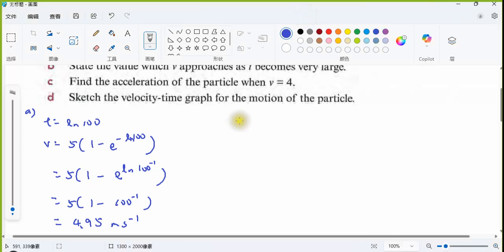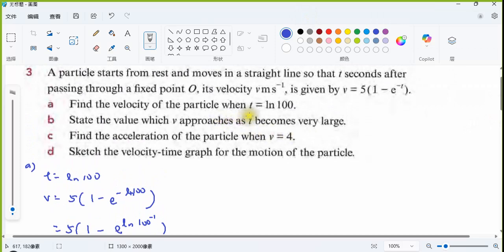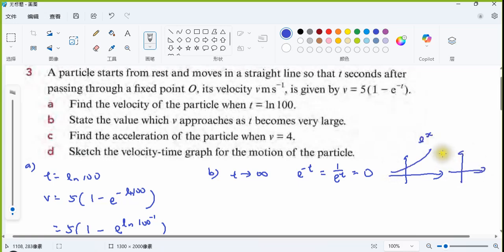B, state the value which v approaches as t becomes very large. We know that when t becomes infinity, e to the power negative t is actually 1 over e to the power t, which will be 0. Or we have the graph of e to the power x, and the graph of e to the power negative x.